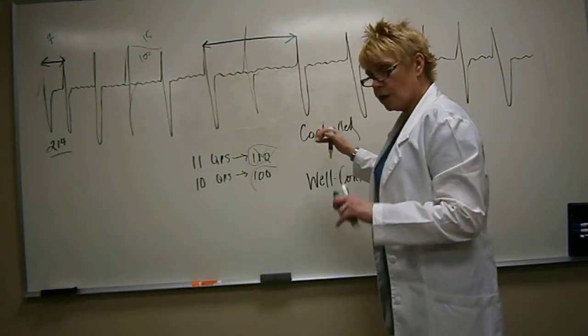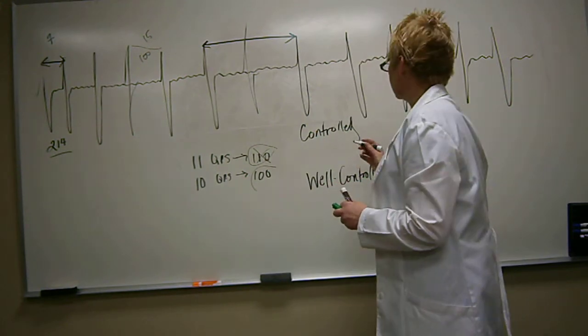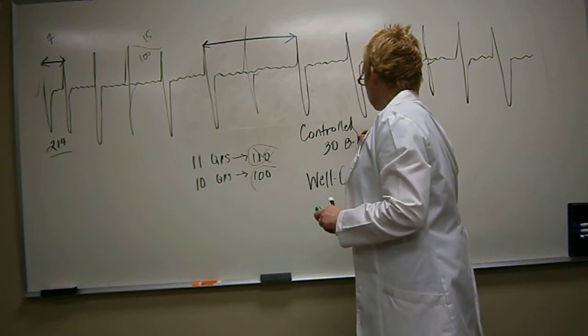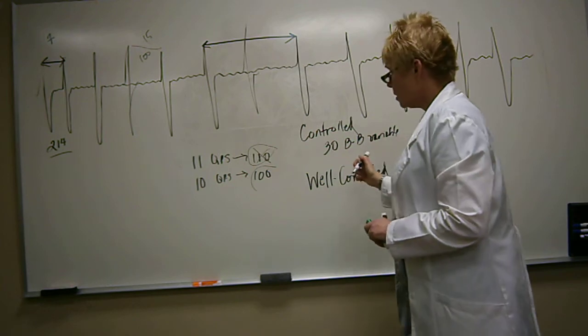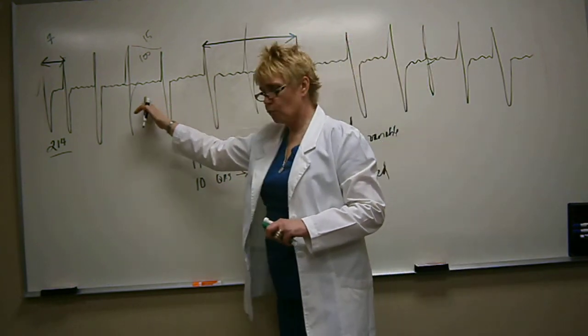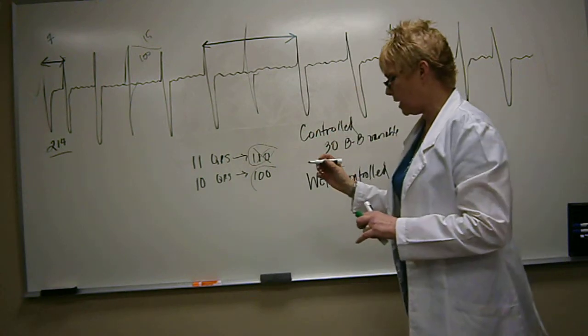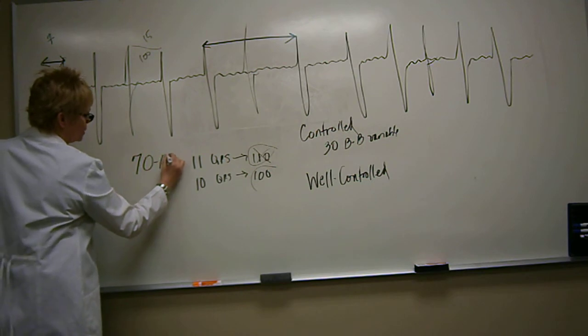Now, a controlled atrial fibrillation, I want you to consider, is when you have 30 beat-to-beat variability. So what does that mean? Let's say this patient has a rate of 100. A person with controlled AFib, you want them to have a rate of 70 to 100.